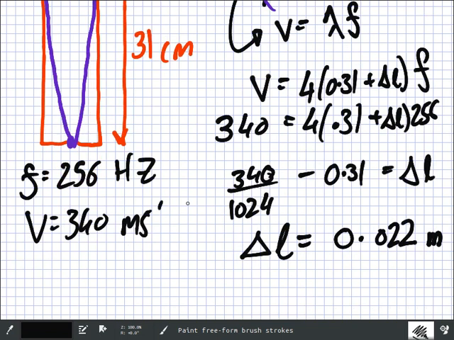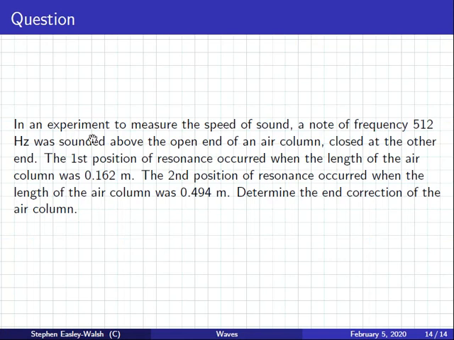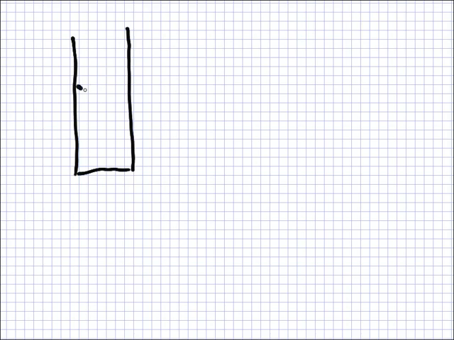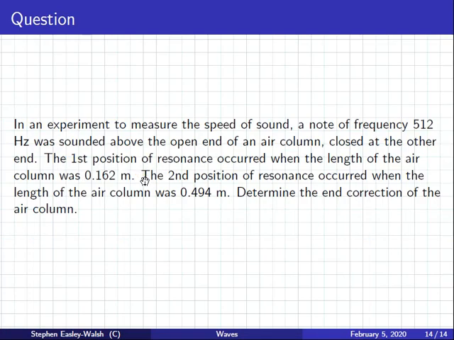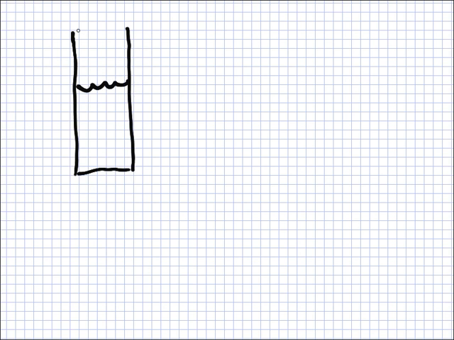So, let's see what we have here. You have your pipe, and they fill it up with water. Okay. And you get your wave here, like this. Okay. And what's the length here?